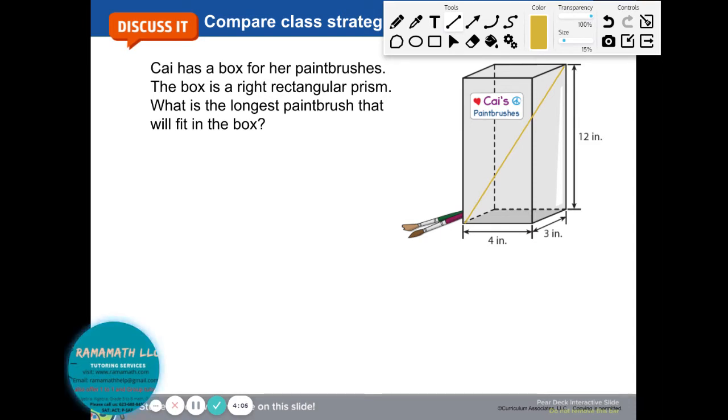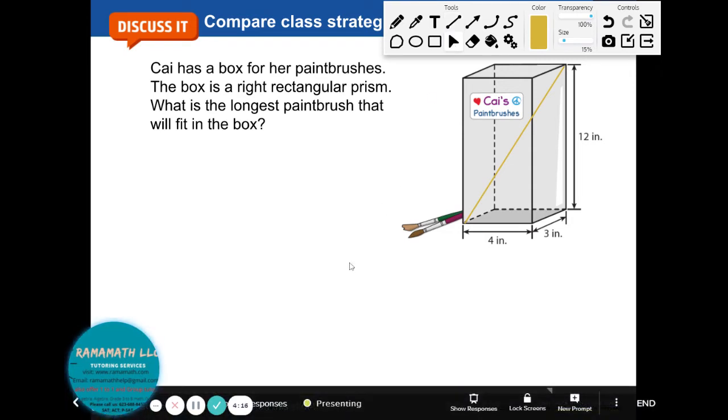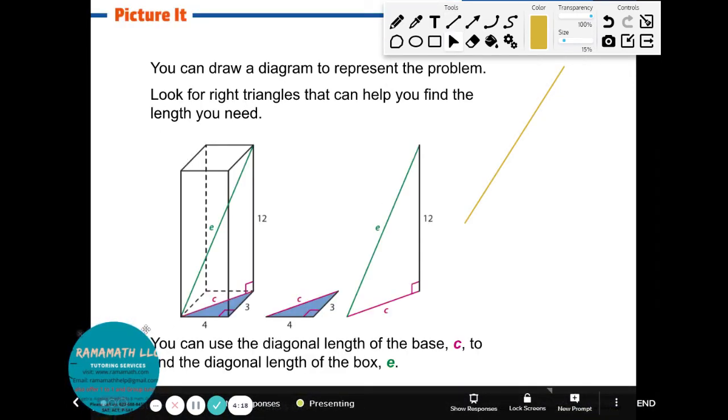Since we don't have a direct right triangle, we need to figure out a few things more. I'm going to break this down. First, if you see this rectangular prism, the bottom part, let me show you with the pointer.